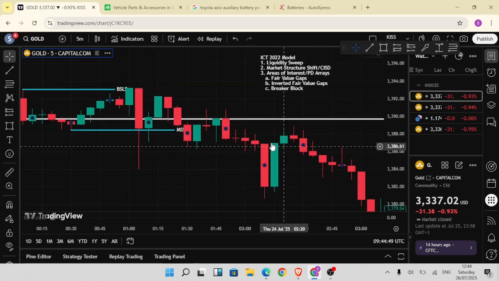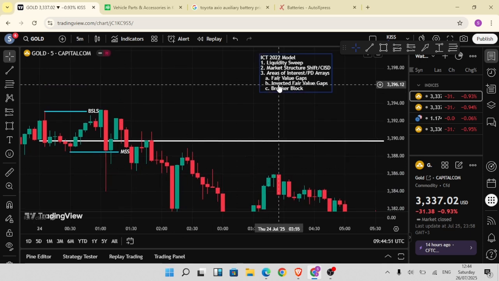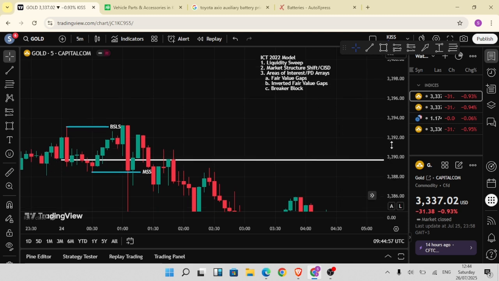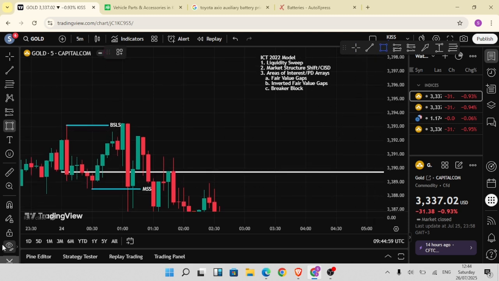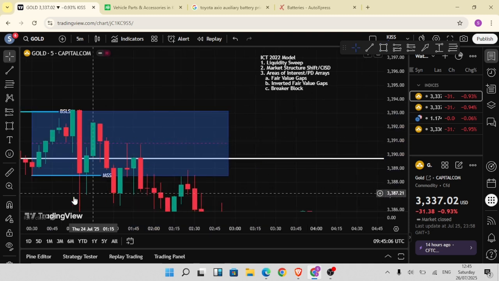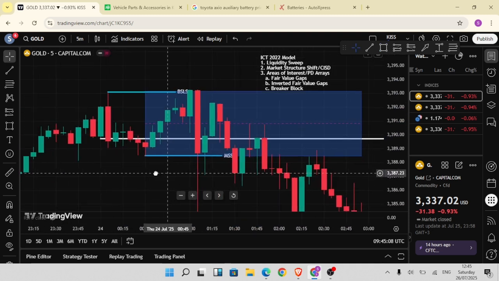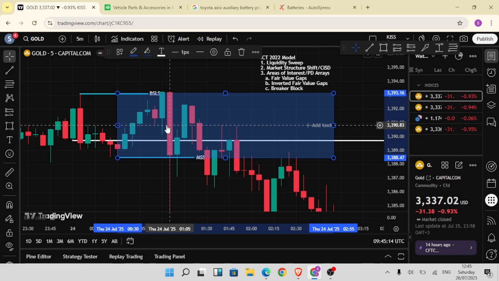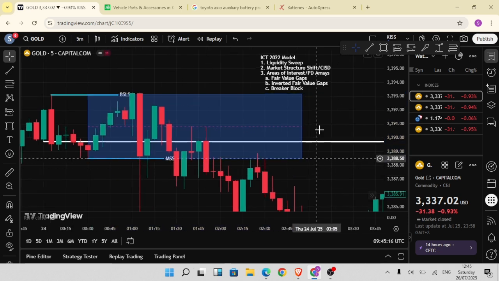Now, what is the next thing we are looking for? A fair value gap, inverted fair value gaps, or breaker blocks. Looking in this area, I don't think there are any fair value gaps or inverted fair value gaps, nothing solid.